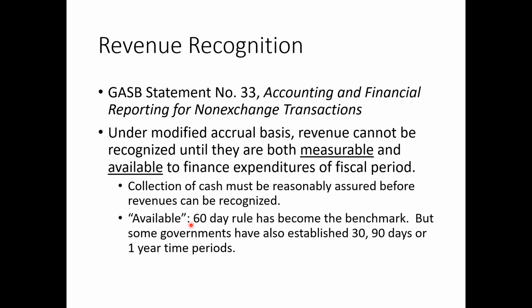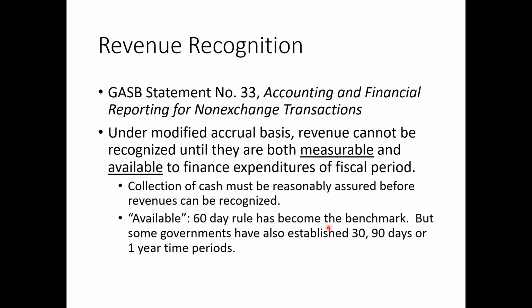But we have this 60-day rule saying that if we receive the money within 60 days after the fiscal year end, this money should still be viewed as available for spending for that fiscal year. This is the so-called fiscal 60-day rule.